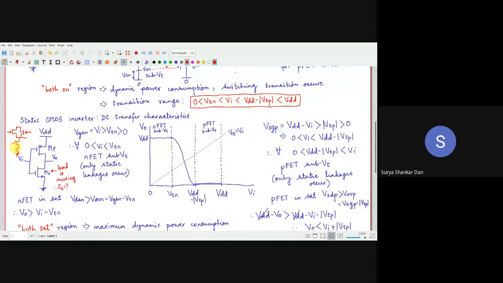This is a simple 2 input NAND gate. Now, I can make this equivalent to this static CMOS inverter with the only variation of the sizing of the transistors. So again, your question will be, if I'm able to make a more complicated circuit into its equivalent static CMOS inverter, then what is the advantage?